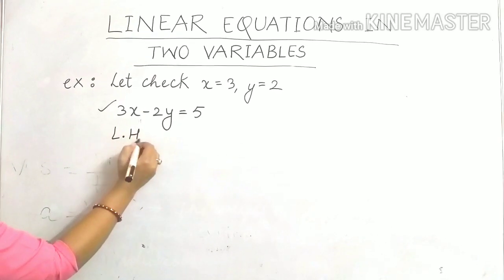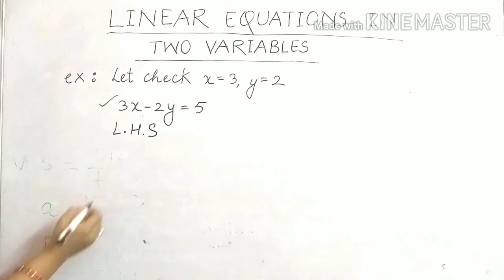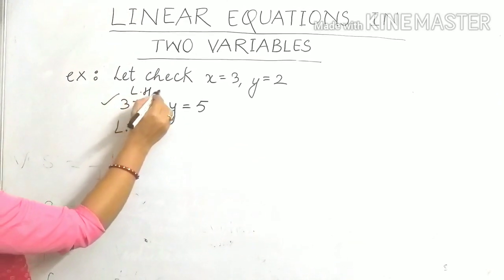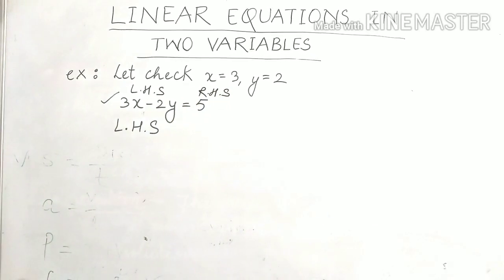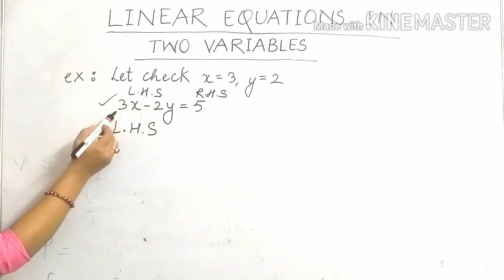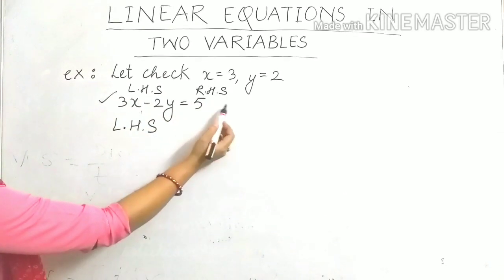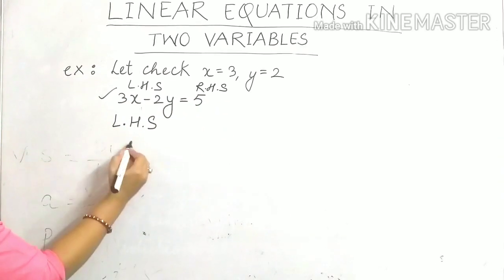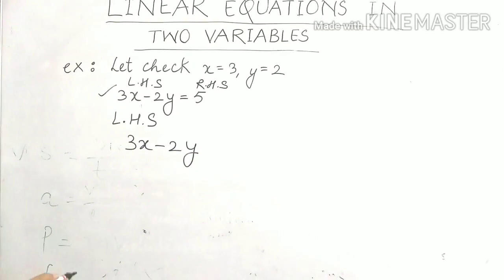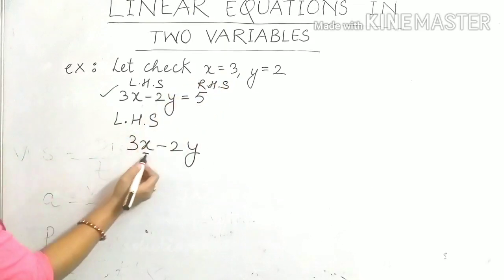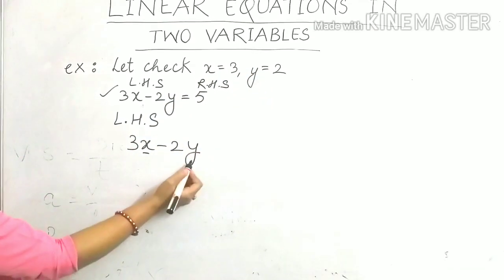First we will see the left hand side. This is the left hand side of the equation and this is the right hand side, and in short we write LHS for left hand side and RHS for right hand side. Okay, first we will write the LHS of the equation and simply put x equal to 3 here and y equal to 2 here.